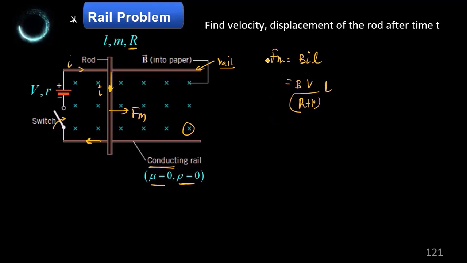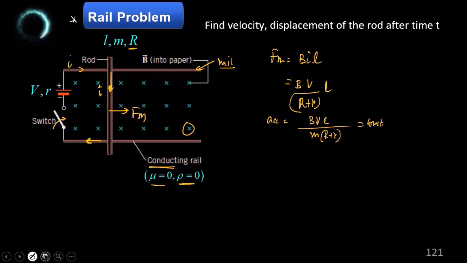Because of this force, the rod will get some kind of acceleration, because this force is constant. A constant force is acting on this particular rod. So the acceleration of the rod will be equal to BVL divided by small m into (R plus r). That is the acceleration, and it is also constant.